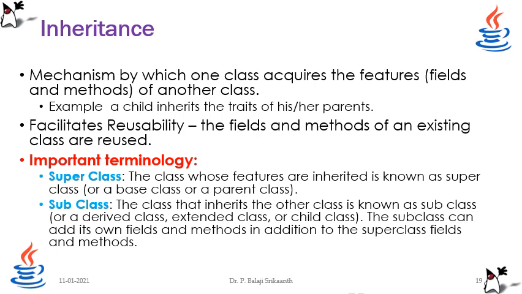It is also called a derived class, extended class or child class. The subclass, after inheriting, can add its own fields and methods in addition to the superclass fields and methods. One point worth mentioning is that if the superclass or parent class or base class has any private members, they will not be inherited in the subclass or derived class or child class.